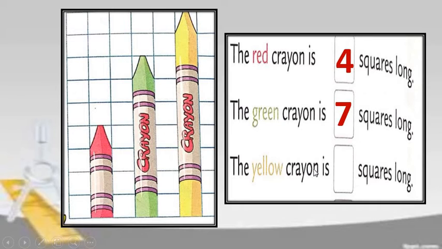The yellow crayon is dash squares long. Look at here, we are having the yellow crayon also. Let's measure the length. 1, 2, 3, 4, 5, 6, 7, 8 and 9.